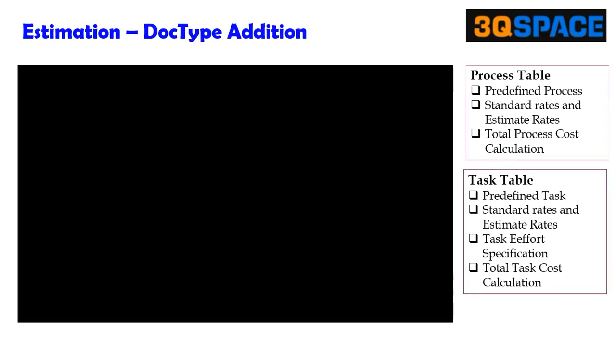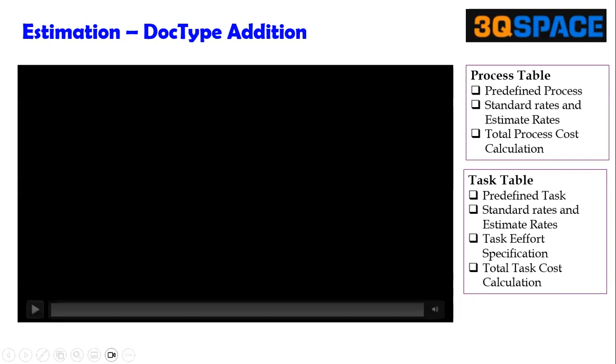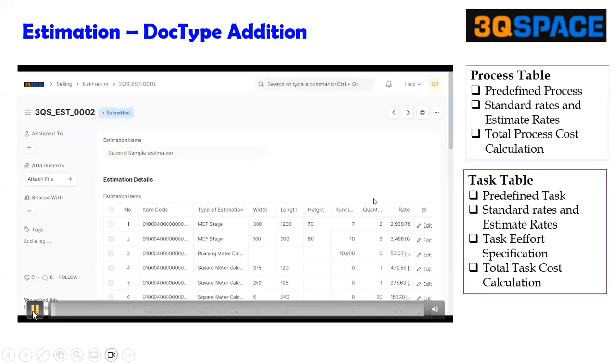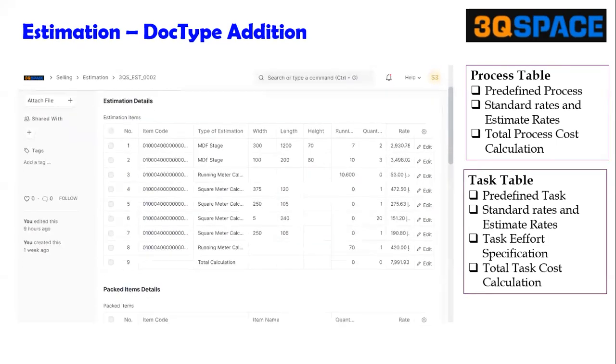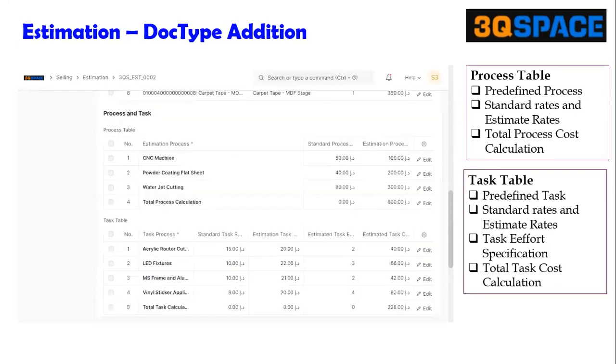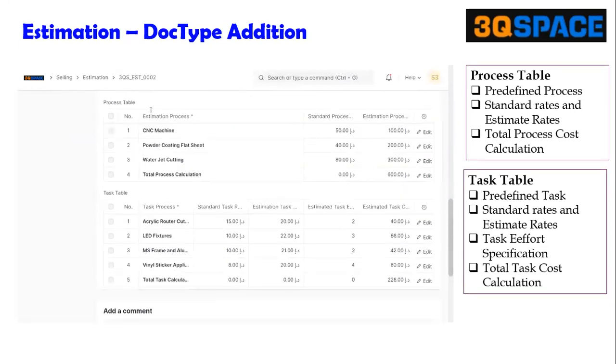So other aspect to support this estimation process is, apart from the raw material that is required, we also require a lot of process in the system. Like we might use a CNC machine, we might use a water jet for cutting. And then we basically provide all the standard rates for operation.